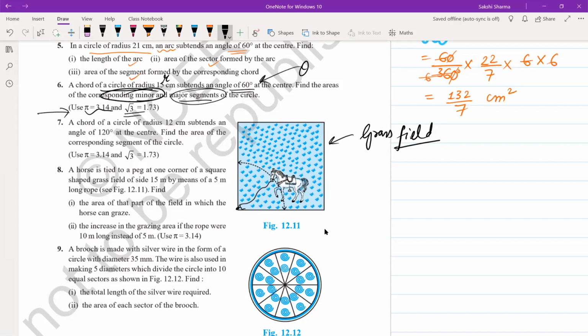That's attached to one corner and there is a rope to which a horse is tied. The side of the square is 15 meters, and the rope's length is 5 meters. So this rope here is 5 meters in length.